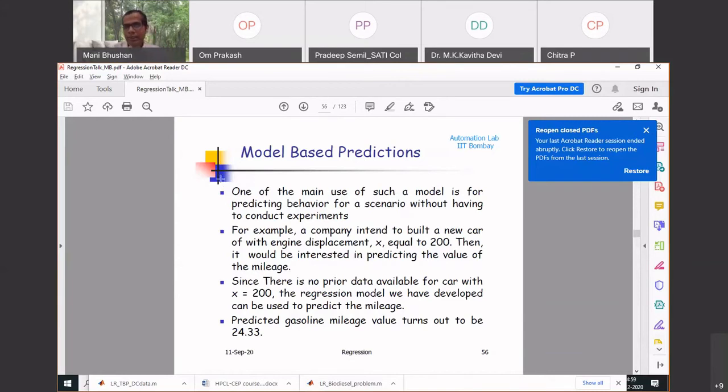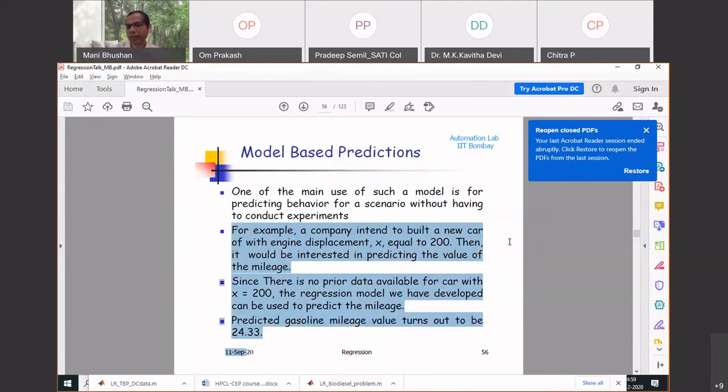So in this engine displacement problem, this slide says that one of the main uses of such a regression model is for predicting behavior for a scenario without having to conduct experiments. I get a new car, I don't want to drive it, or before buying a new car, I just look at the specifications of that car. Oh, what is the engine size, engine displacement? For example, a company intends to build a new car with engine displacement x equal to 200.